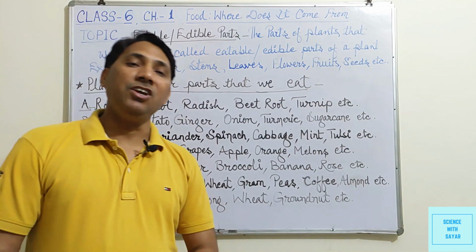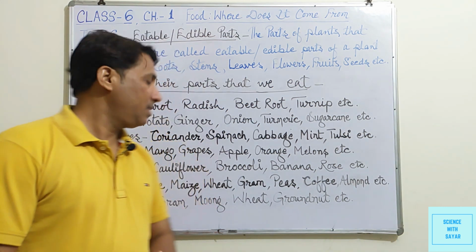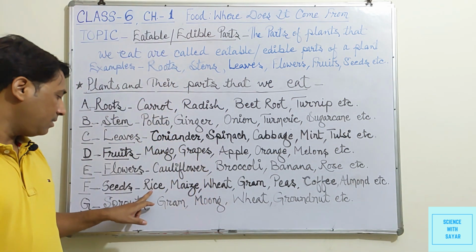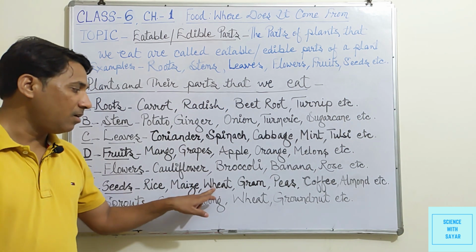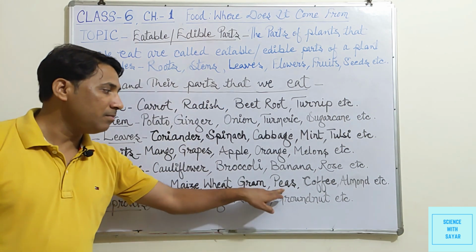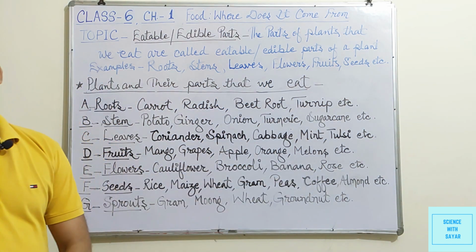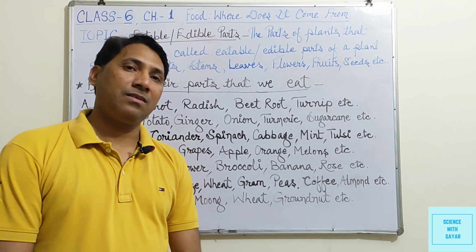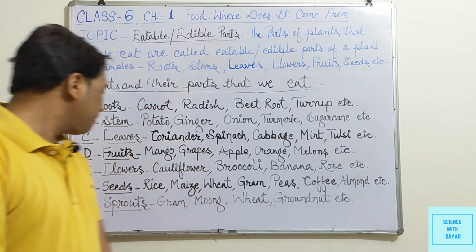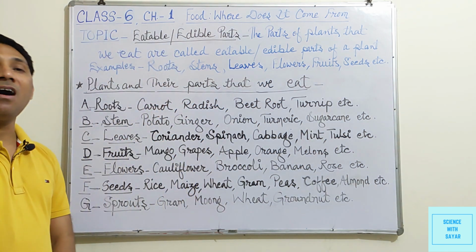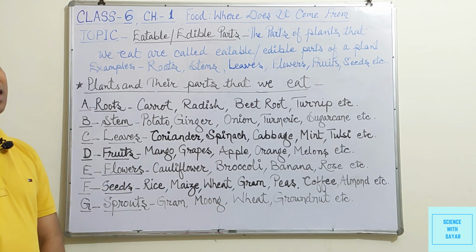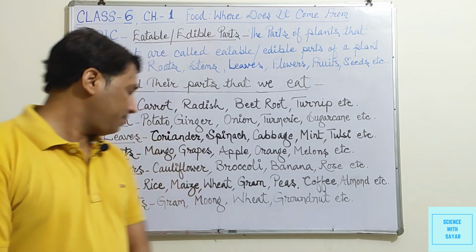In some plants we eat their seeds. Examples are rice, maize, wheat, gram, peach, coffee, almond, etc. It means their seed part we eat.